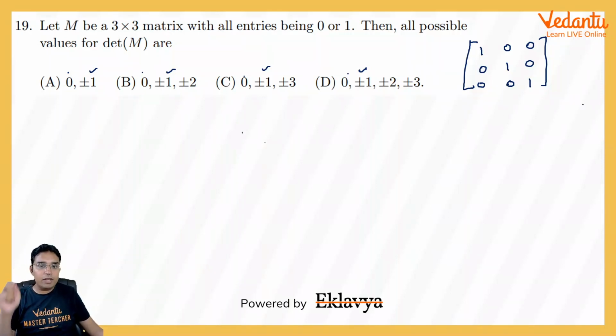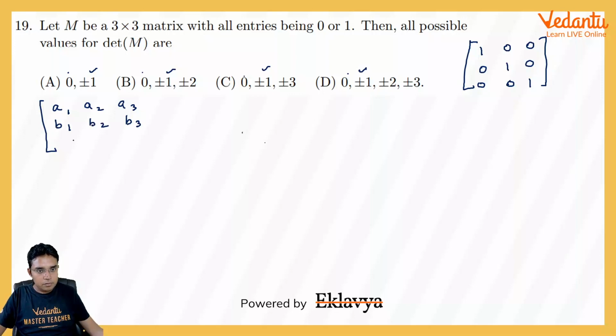Now to check whether 2 is possible or not, I will tell you 2 ways. First of all, let us assume my matrix is A1, A2, A3, B1, B2, B3, C1, C2, C3. Now there is a direct method to expand this matrix where we multiply these elements in the diagonal.